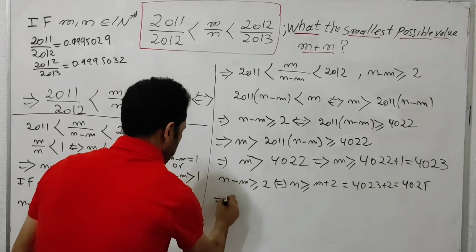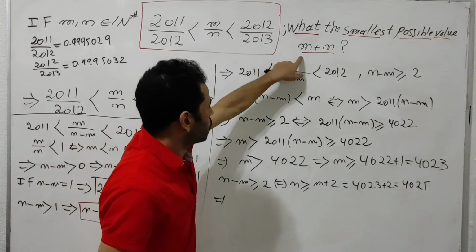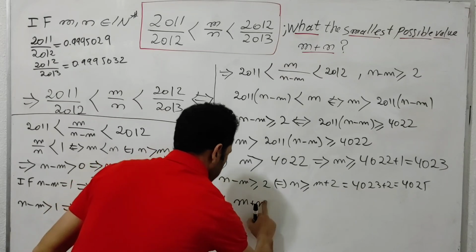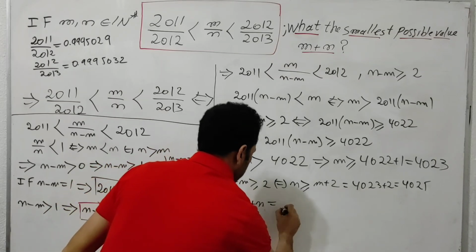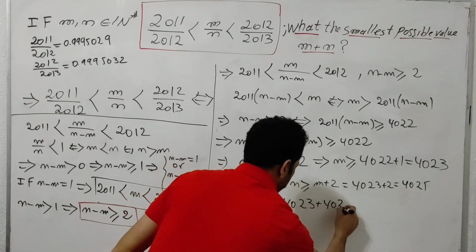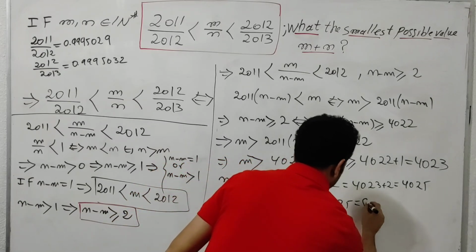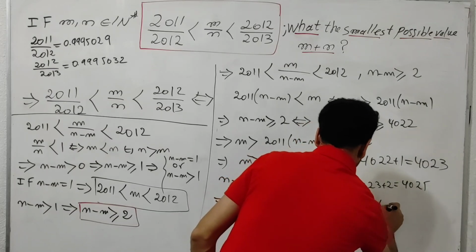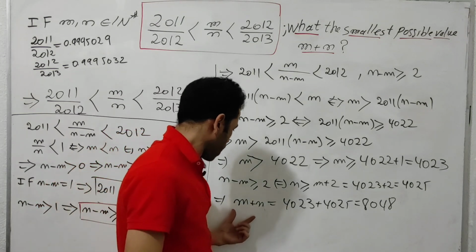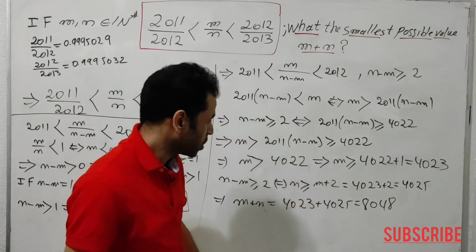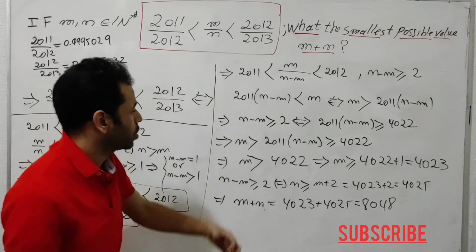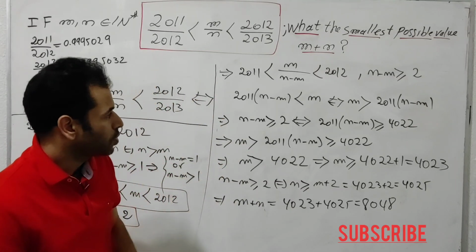Okay, so I'm going to calculate the sum now. m plus n equal to 4023 plus 4025, which is 8048. Okay, now we found the minimum value of m plus n, which is 8048. We have transferred inequality into equality. Okay, so I have done with this problem.